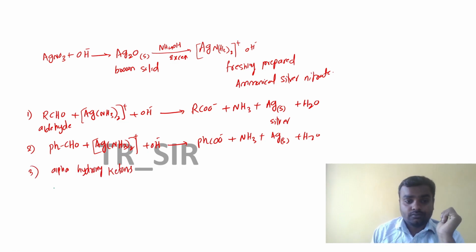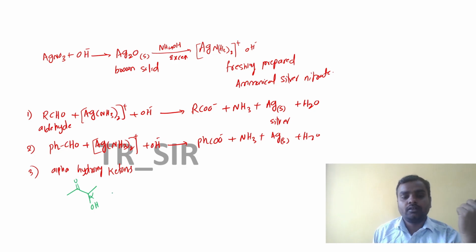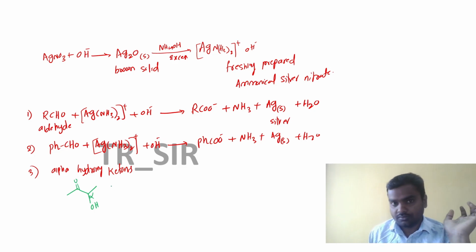Take here, this will be the hydroxy, like this. This will be the alpha position. Next to the ketone, the next carbon will be the alpha carbon. So that is the alpha hydroxy ketone.